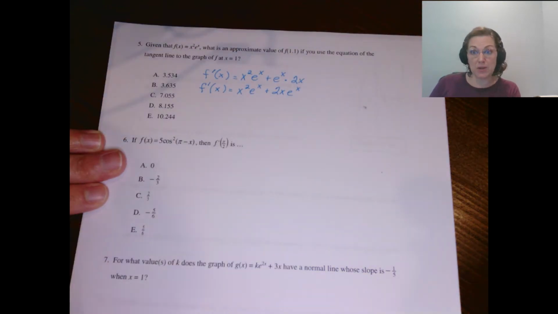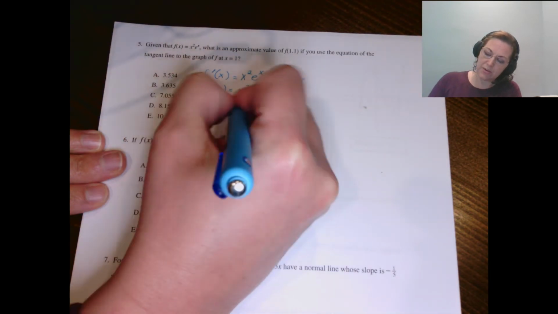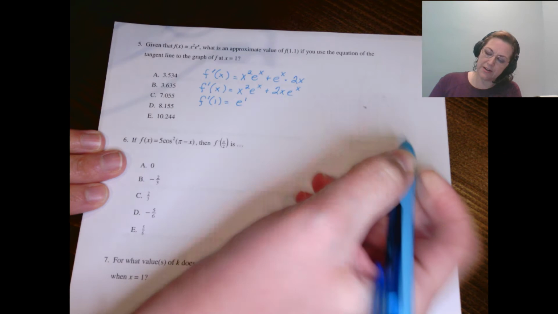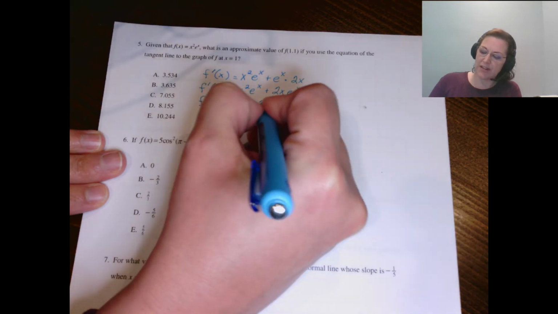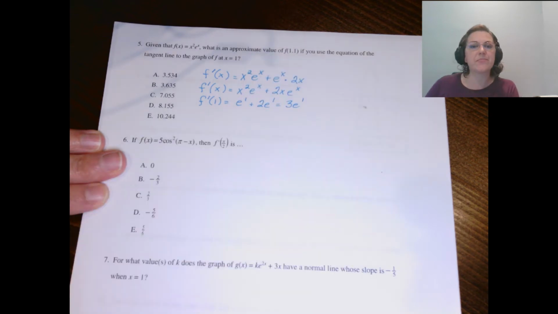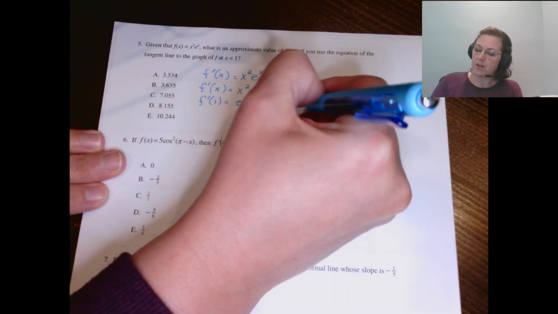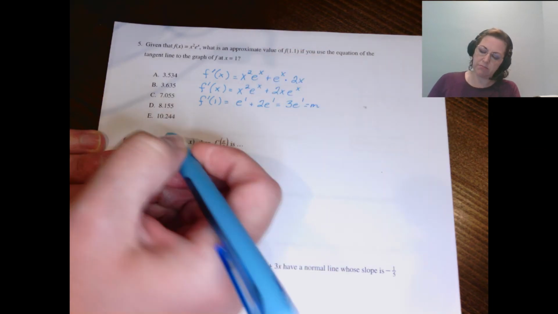And remember, this is when x is 1. So I've got e to the 1 plus 2e to the 1, which is 3e to the 1. That's my slope, okay?